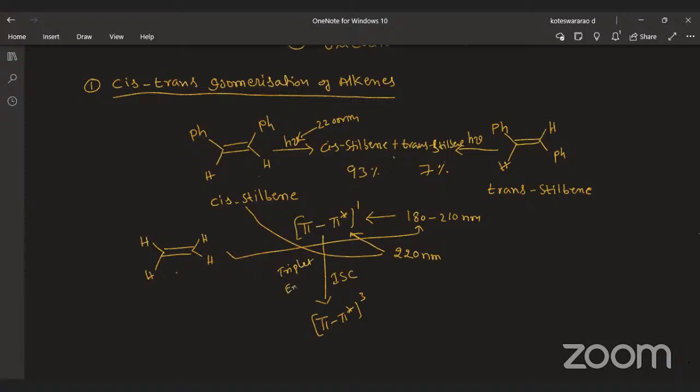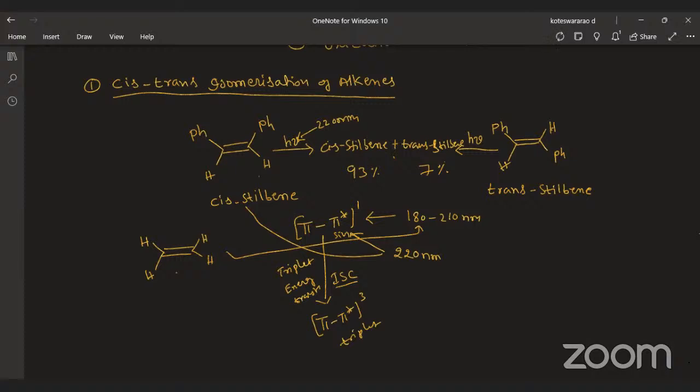Once it forms the singlet state, that singlet state is converted into the triplet state. This interconversion is called intersystem crossing, and in that intersystem crossing, triplet energy transfer takes place. This triplet π to π star state is involved in the reaction.